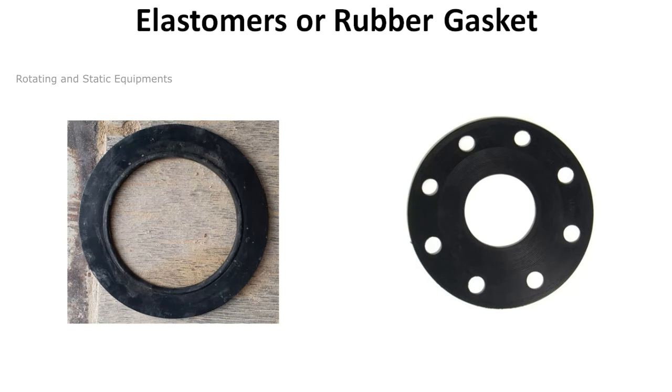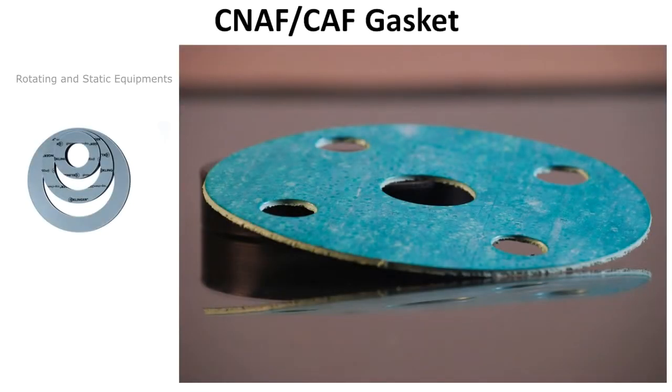Next we will go for compressed non-asbestos fiber and compressed asbestos fiber gaskets. CAF and CNAF gaskets are die cut or circular cut gaskets from gasket sheets, which are manufactured from carefully selected fiber intimately blended with suitable heat resistant binder and etc. and vulcanized into a sheet of homogeneous composition and uniform thickness.